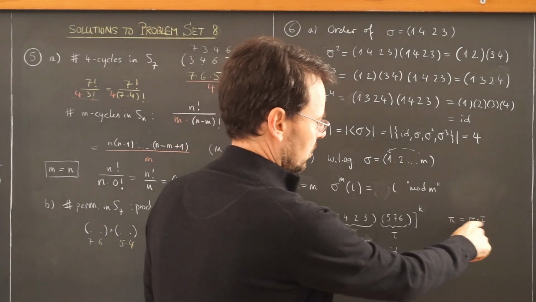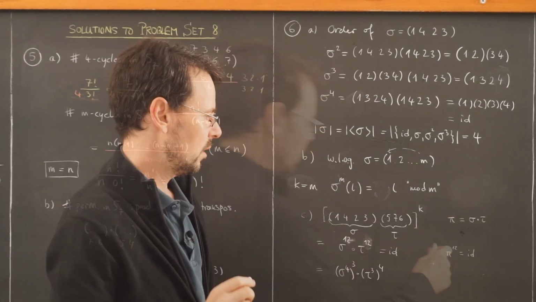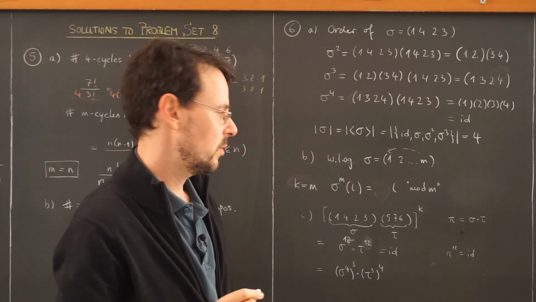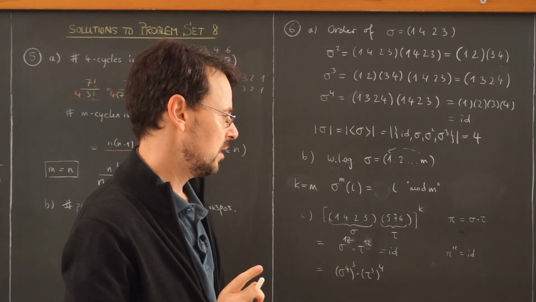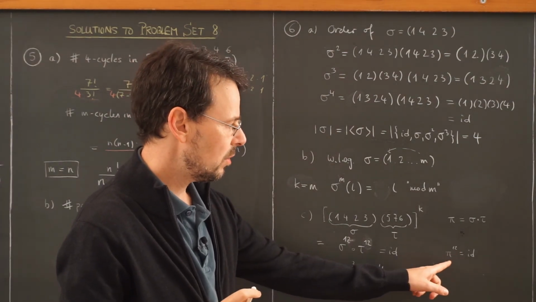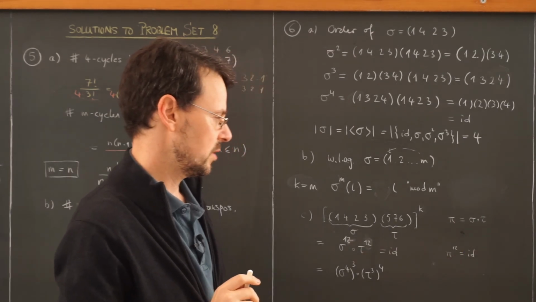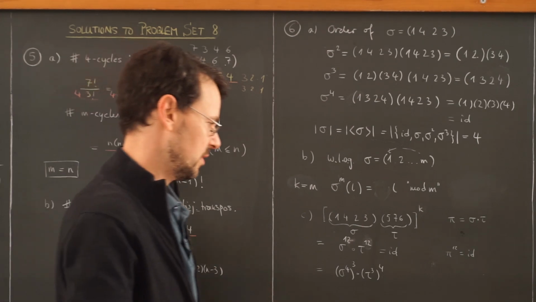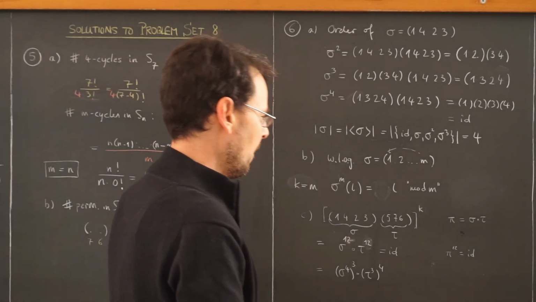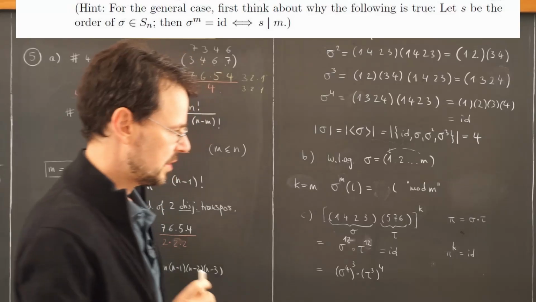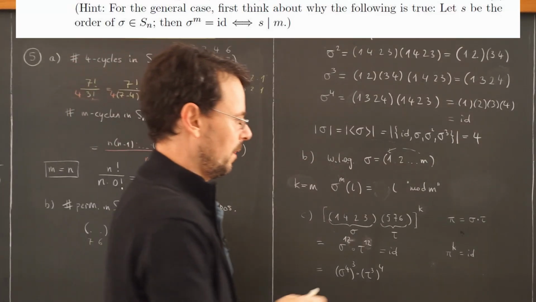If we call this composition here pi, then we know that pi raised to the 12th power is the identity, but the order of this is the smallest number such that this holds. The smallest natural number, so 0 excluded. Now, the key to this exercise is really in the hint.